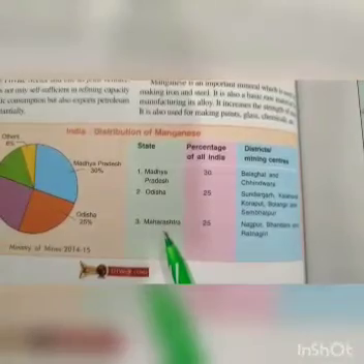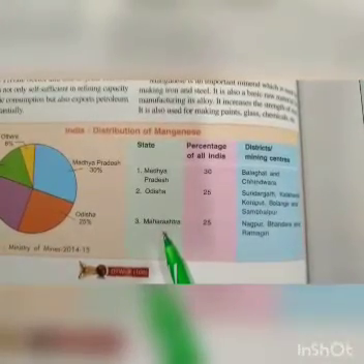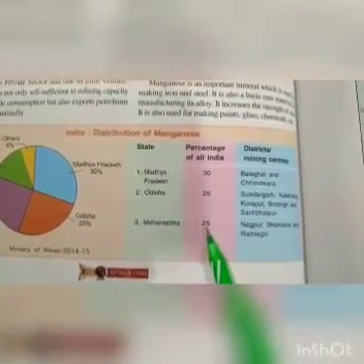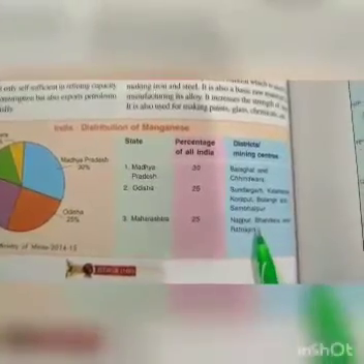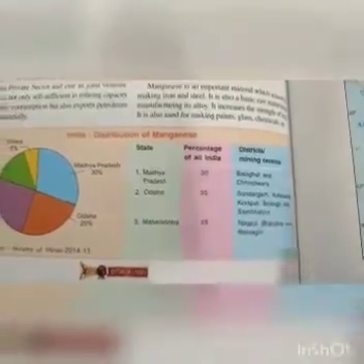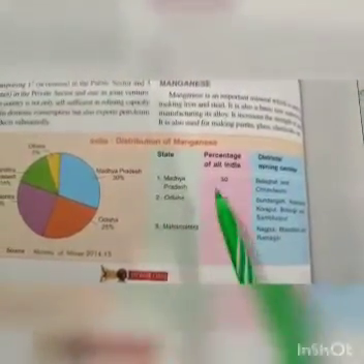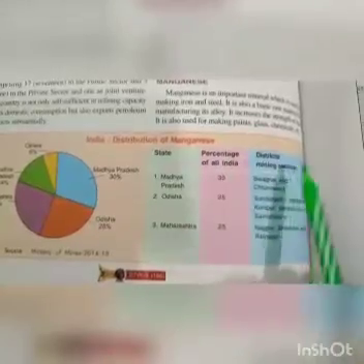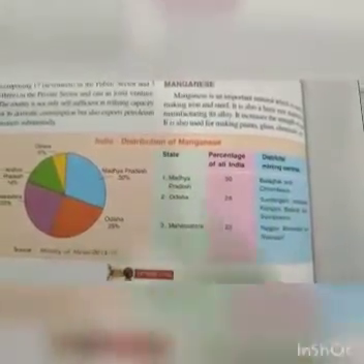Maharashtra is the third leading producer of manganese with 25%, and the districts are Nagpur, Bhandara, and Ratnagiri. So this state-wise percentage and district information is important. This pie chart is also important.